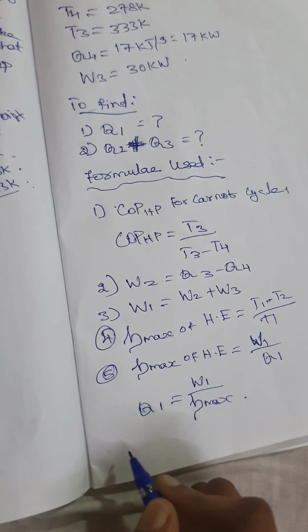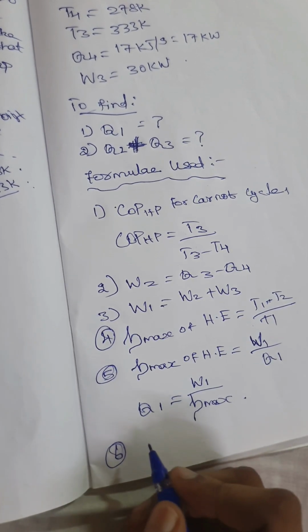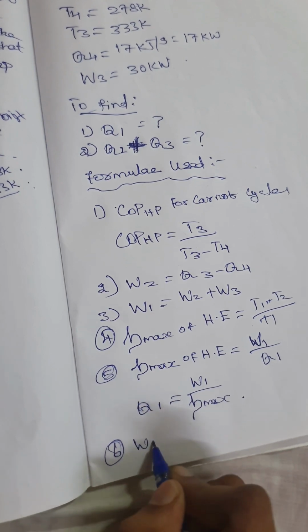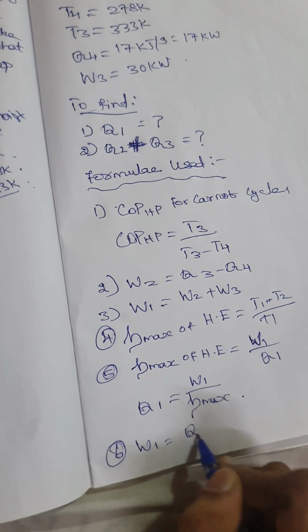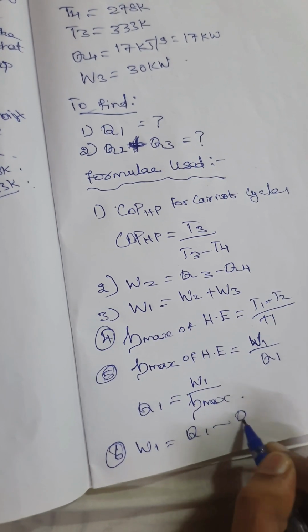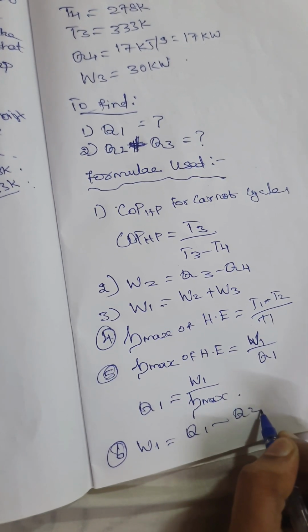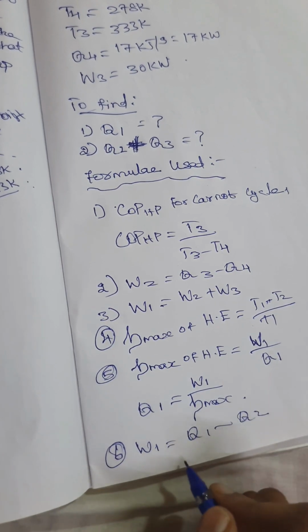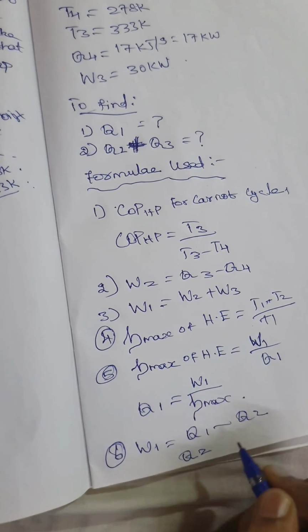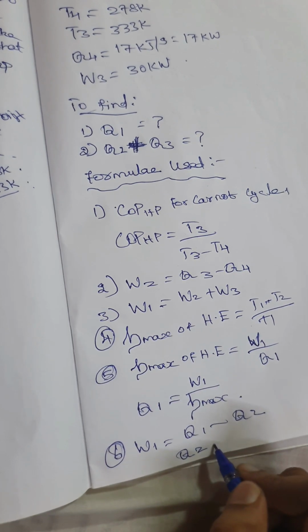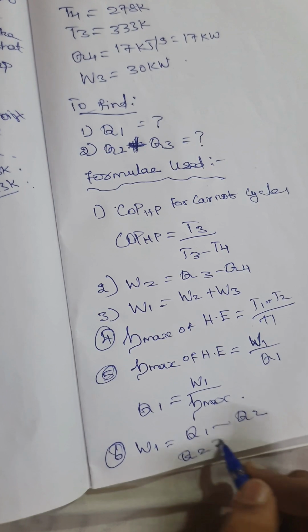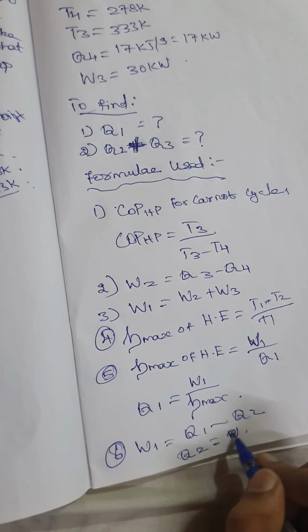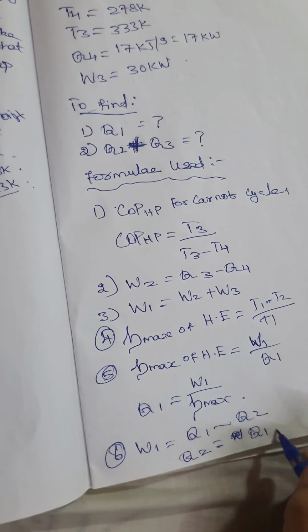And the sixth formula is W1 is equal to Q1 minus Q2. So with this formula you can find the value of Q2, that is equal to Q1 minus W1.